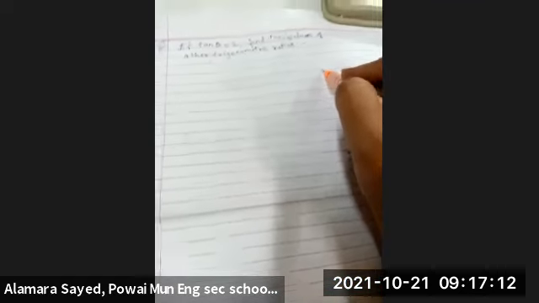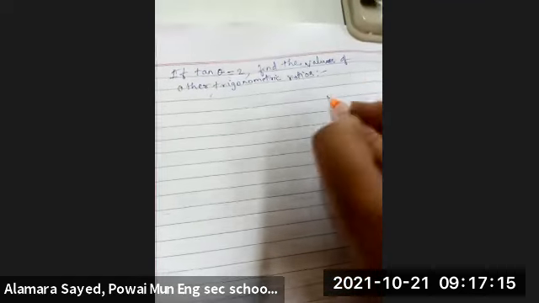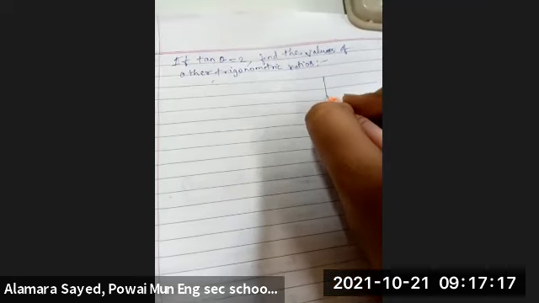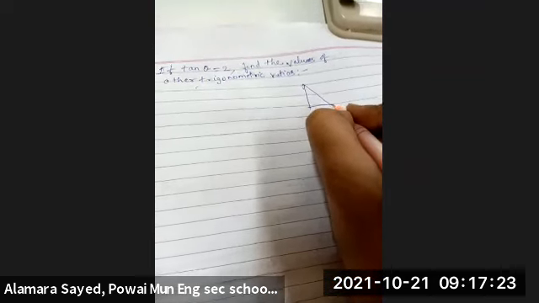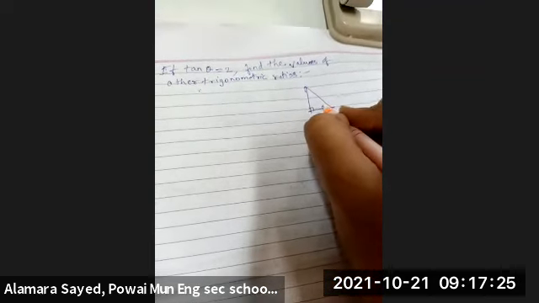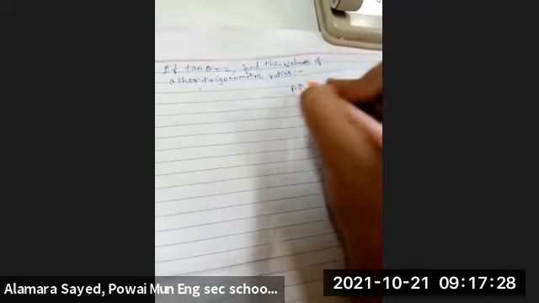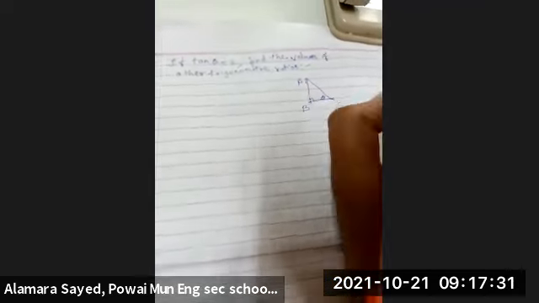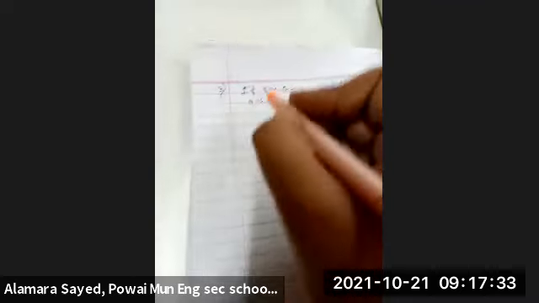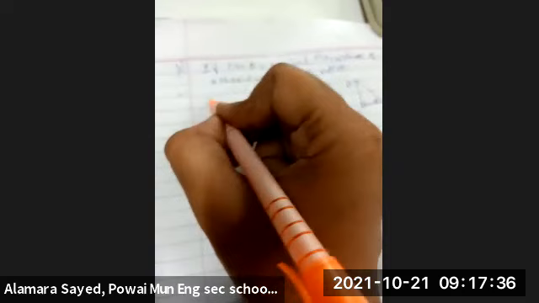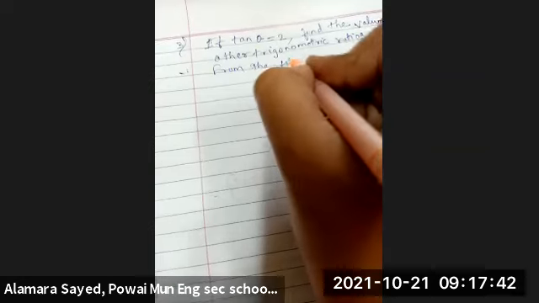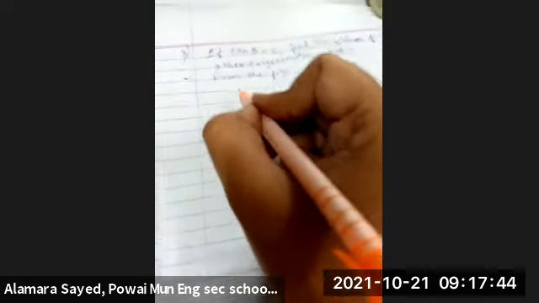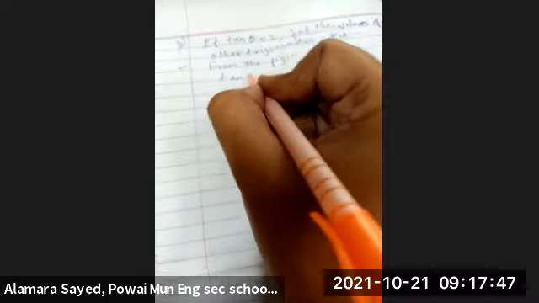So for this, we will have to solve this question first by using the triangle method. First, we will draw a triangle with 90 degrees and theta, this is A, B, C. From this figure, we are having tan theta.